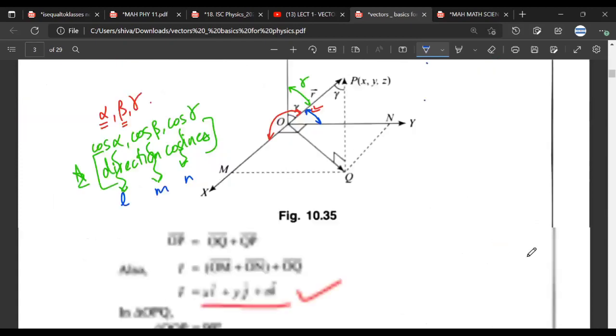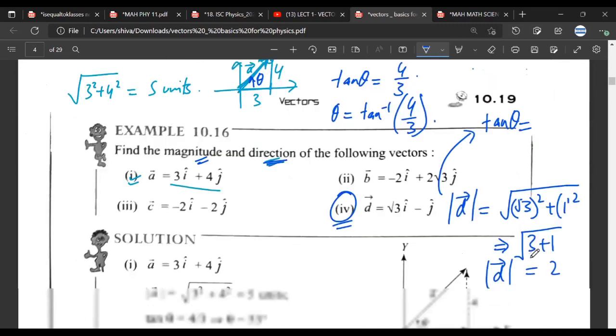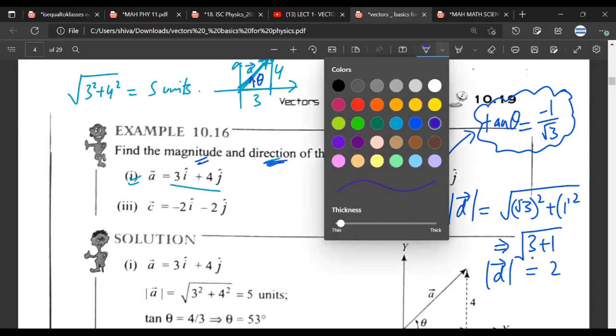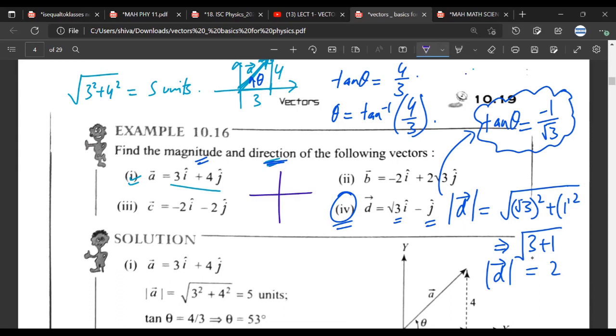Here our trigonometry lessons will be useful. Tan theta is y upon x, so minus 1 upon root 3. Are we clear, Avantika? Yeah. Now our trigonometry lessons will come into play. First thing I need to decide is all, sine, tan, cos. So this is negative.